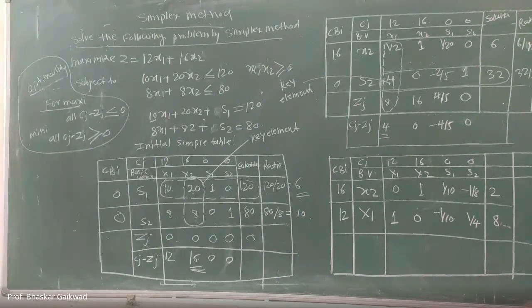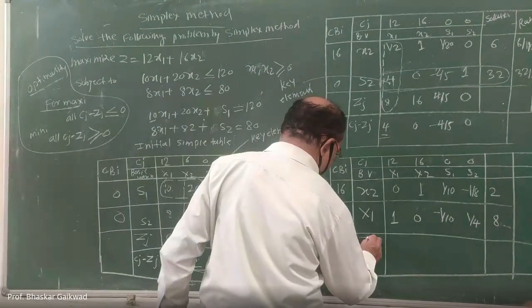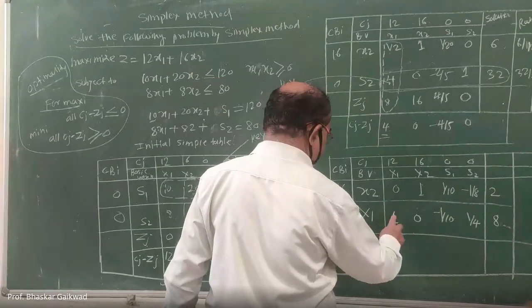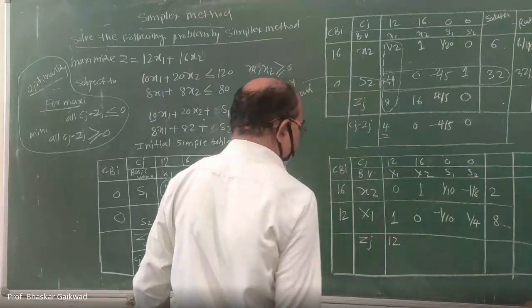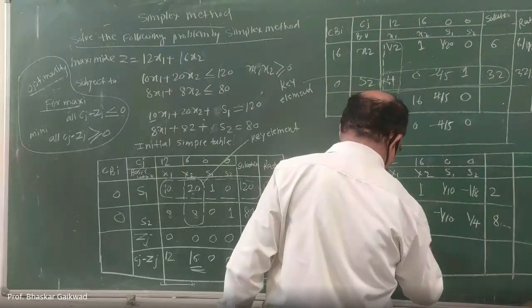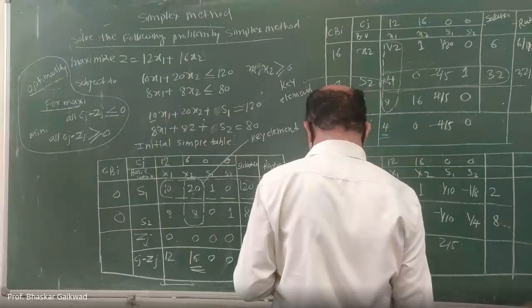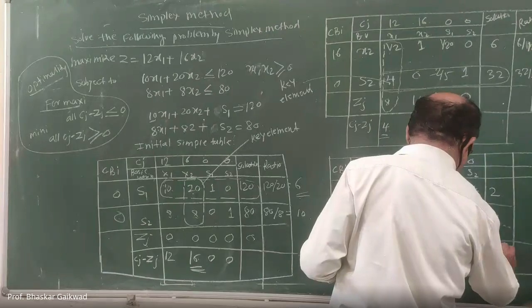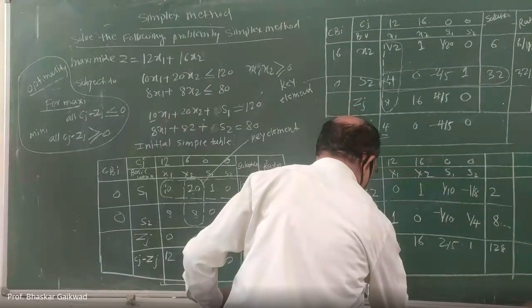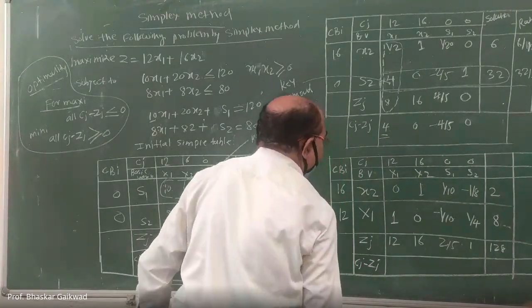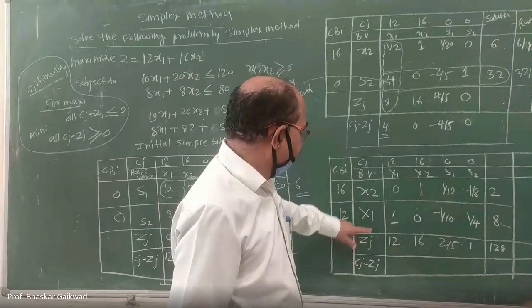Now here you have to find out the Zj and Cj minus Zj. Correct. So here the Zj. What is Zj? This into this plus this into this. 16 into 1 value equals to that value. Now, next, so here, what is Cj? 12.